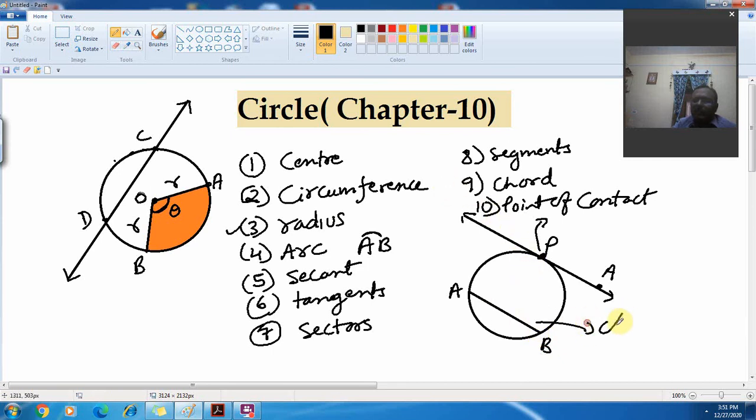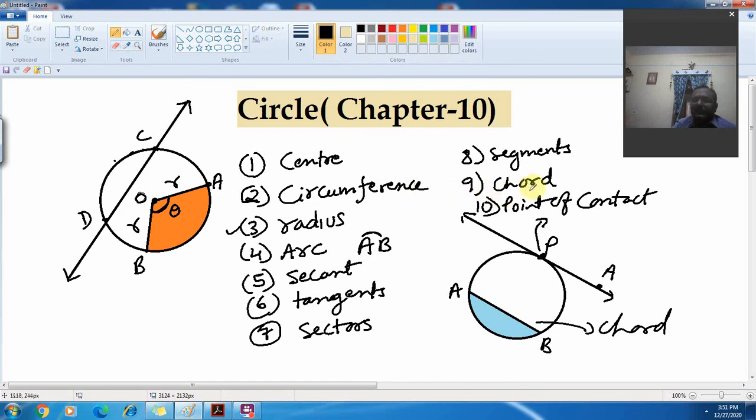This is a chord, and the area between a chord and the arc of a circle is called the segment of the circle. So you can see this blue portion is called the segment of the circle.